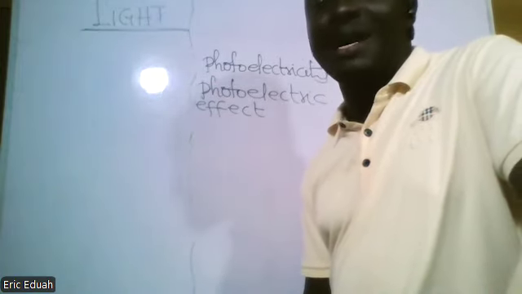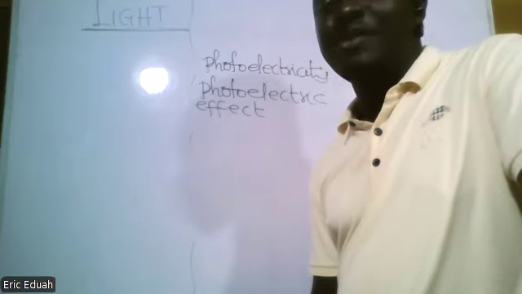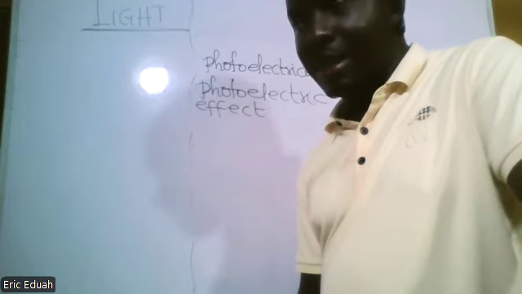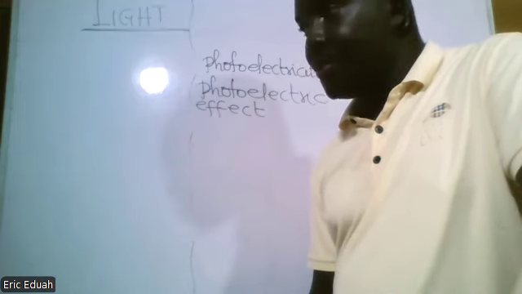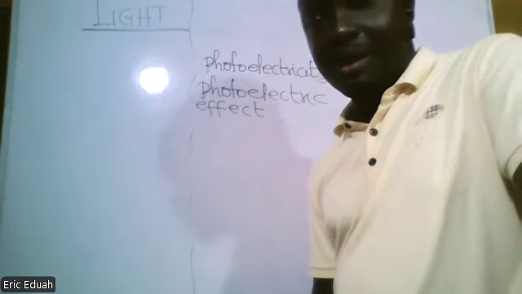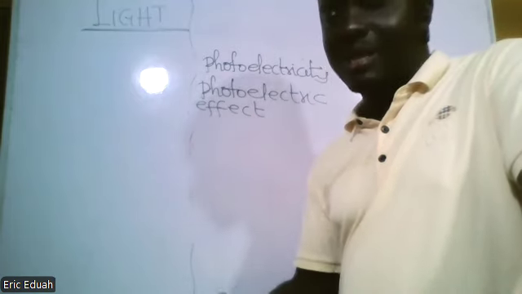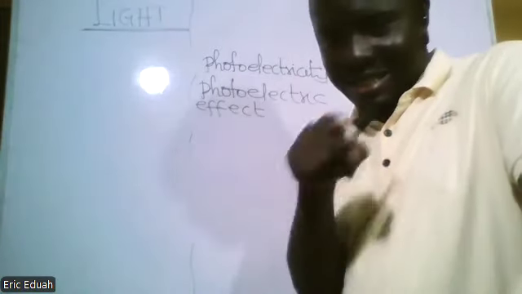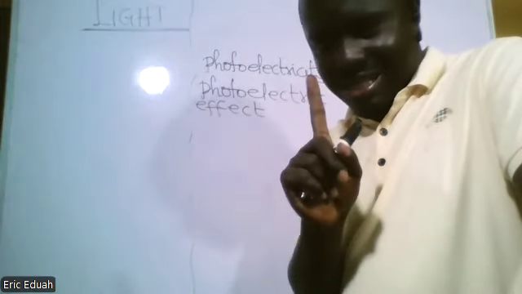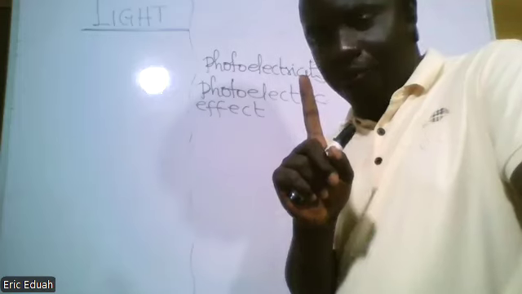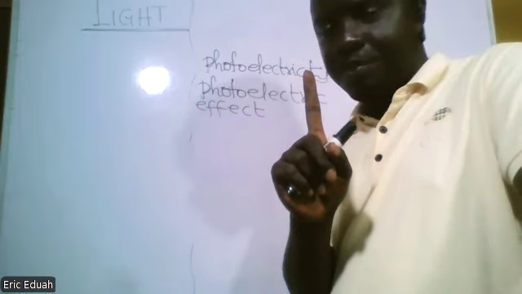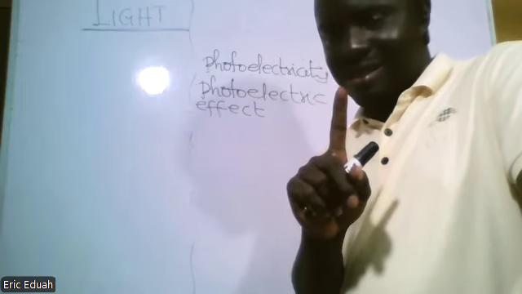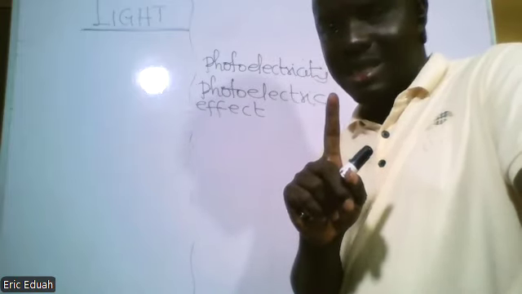The phenomenon whereby electrons are removed or emitted from the surface of a metal when the metal surface is incidented with light of appropriate wavelength and frequency.